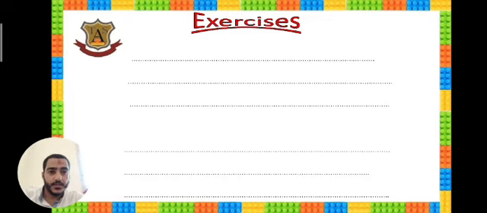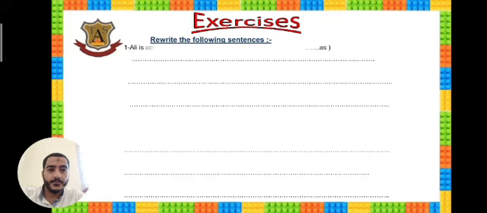Okay, let's start the exercise. Rewrite the following sentences. Ali is 7 years old. Mona is 7 years old. The same age.